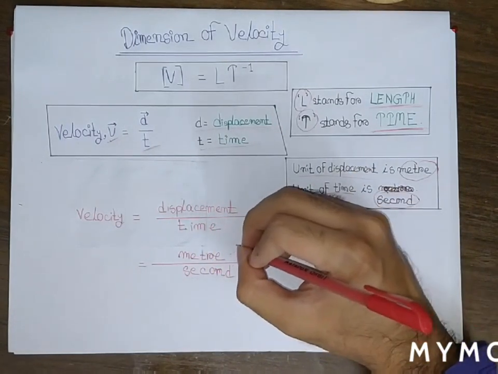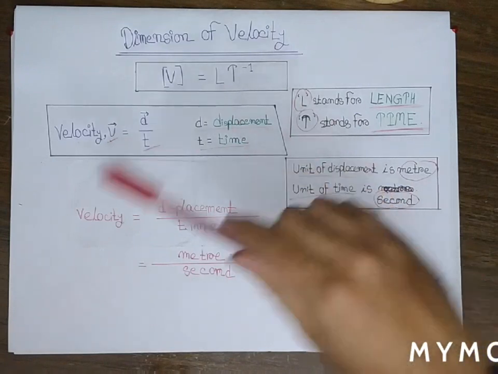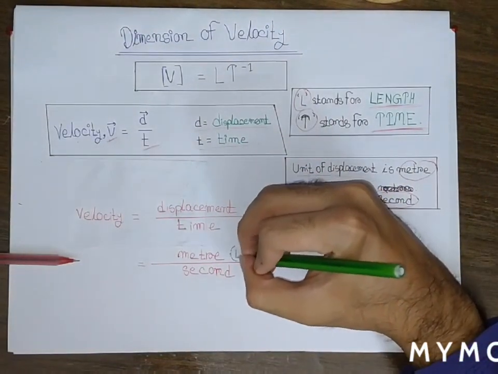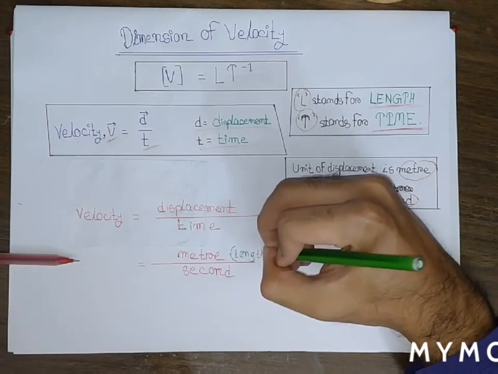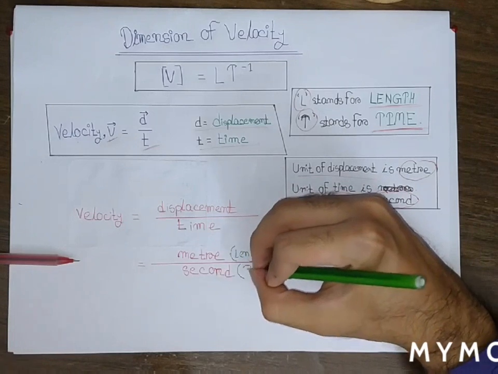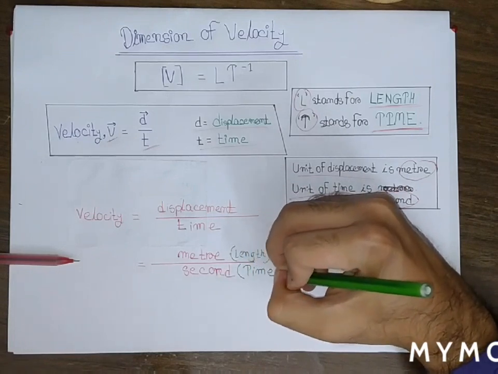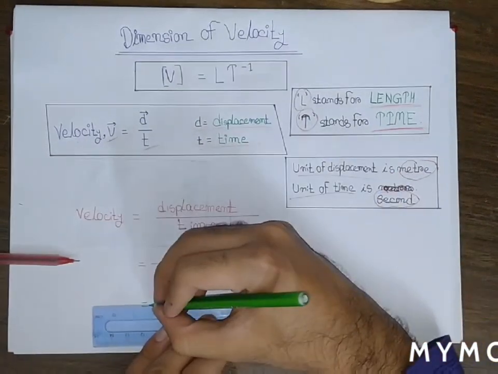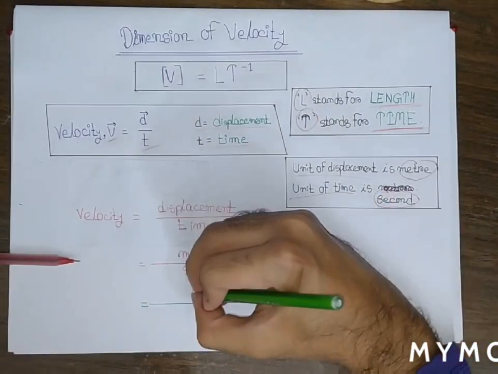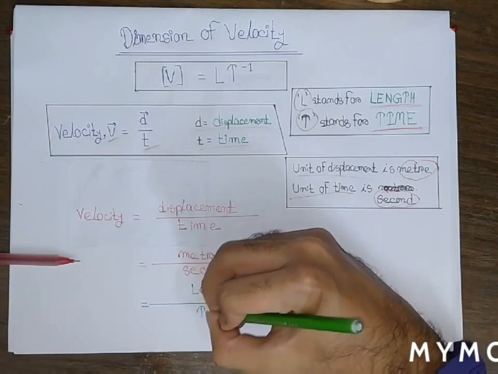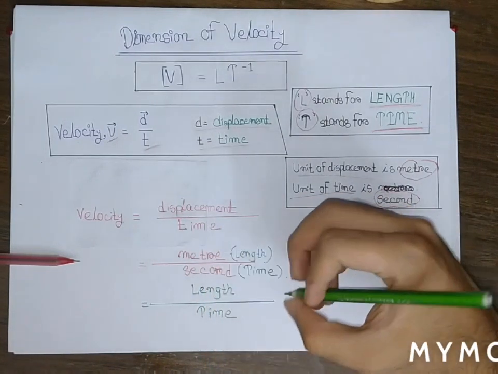Here meter is the unit of length and second is the unit of time. So we can write length divided by time.